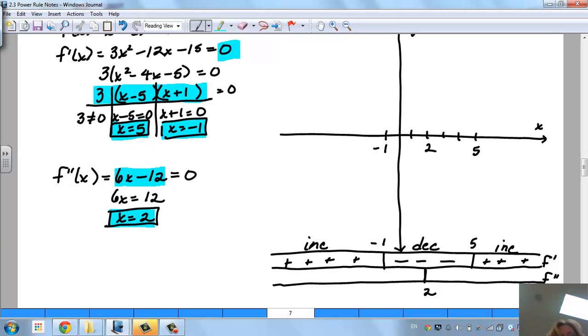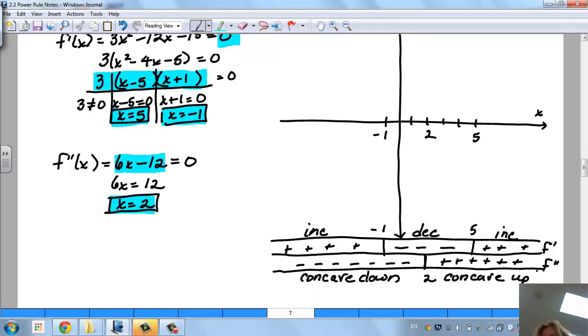So if I go to the left of 2, and I pick a 1, for example, 6 times 1 is 6 minus 12, so that's negative. That means it's all negative to the left of 2, so this means it's concave down to the left of 2. If I picked a 3, for example, put a 3 in here, it's 6 times 3 is 18 minus 12, that's positive, so that means it's concave up.